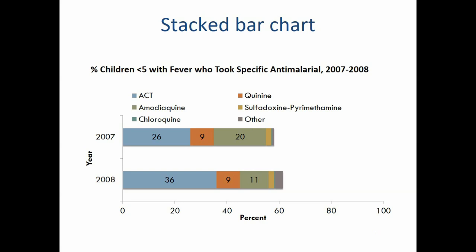Here a percentage of children under 5 with fever who took a specific anti-malarial drug in years 2007 and 2008. هنا هذا الير 2007 والير 2008 وهنا percentage وانطاك ألوان. هذا ACT أميوداكوين كلوروكوين كوينين سلفا دوكسين بايريميثامين and others وكل واحد أخذ نسبة.